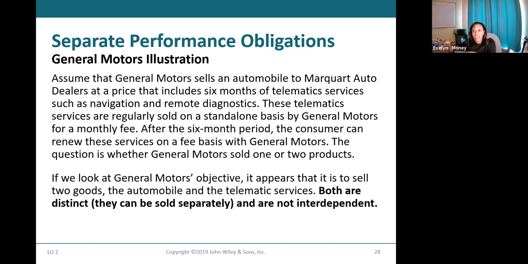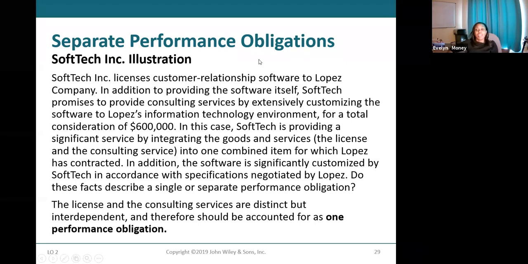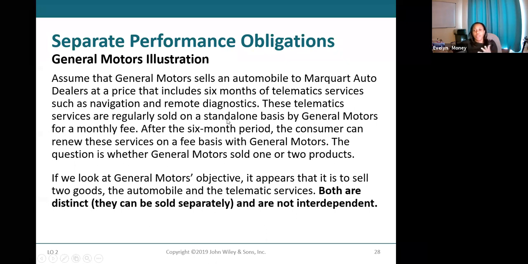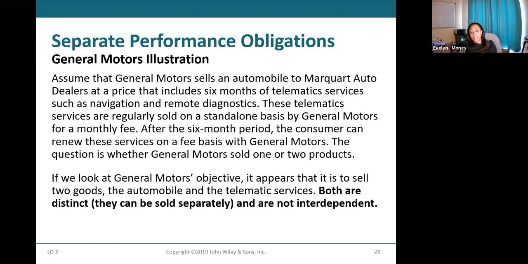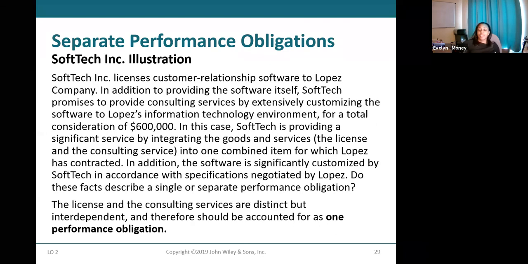You can have a car without the navigation. Now, let's see. Because you can have one without the other, the products are not interrelated or interdependent, and they can be sold as two separate and distinct products, two separate performance obligations that we have to account for separately. Now, let's see one where it's one performance obligation.